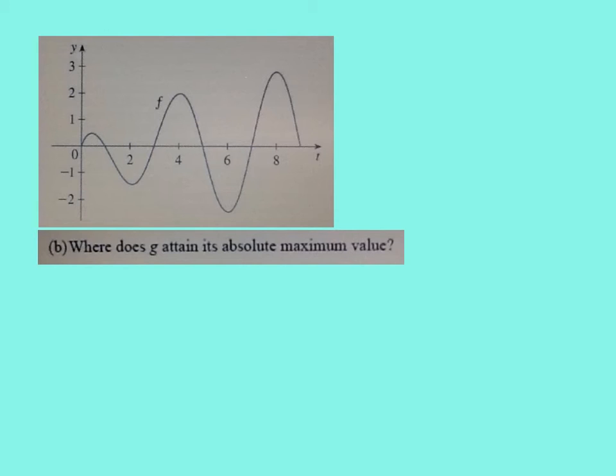Okay, so here's the second part. Where does g attain its absolute maximum value? Where do we get the absolute maximum value? All right, well, looking at the graph here now, I'm just going to add some numbers in here. Now, we don't have numbers, but we can estimate a little bit.